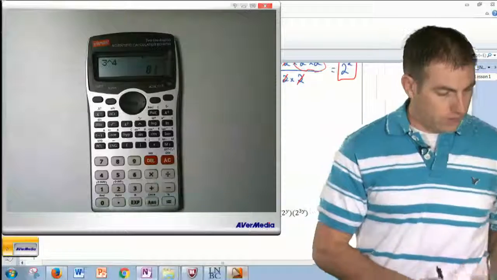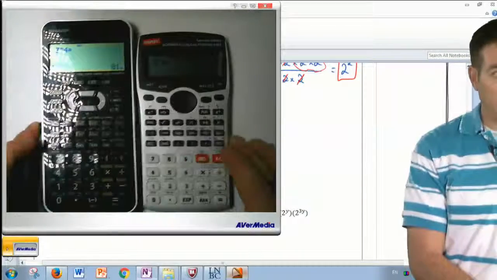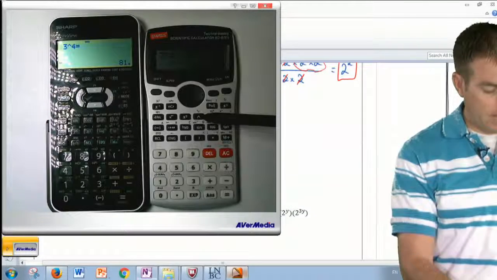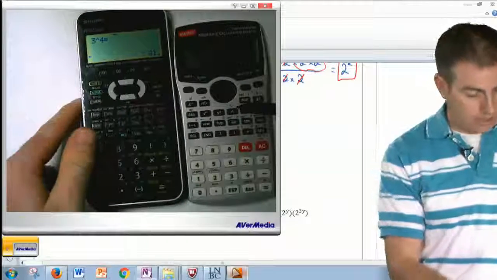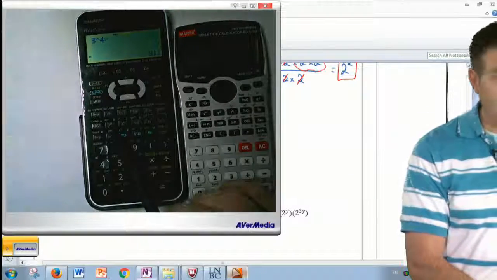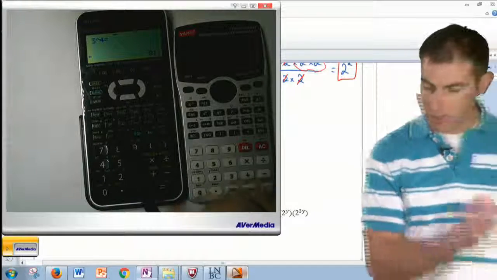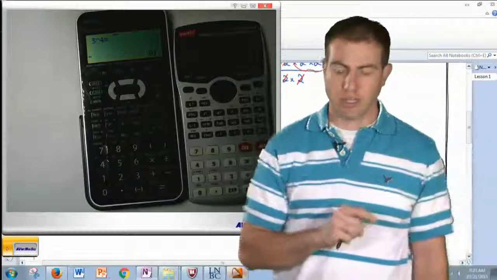So we get different buttons depending on the calculators. Your button is either going to be a little hat like this, called a caret in math, or you might have a button that looks like y to the power of x, like on my Sharp calculator here. So you need to figure out what the button looks like on your calculator.